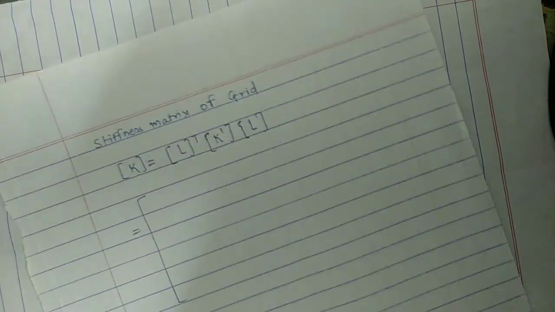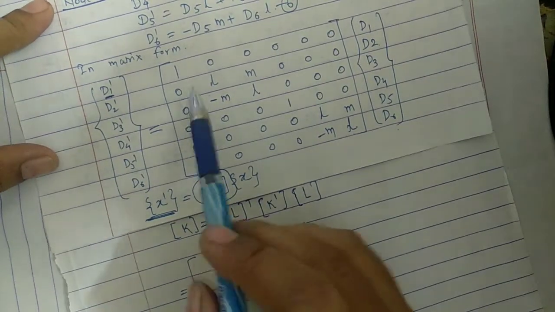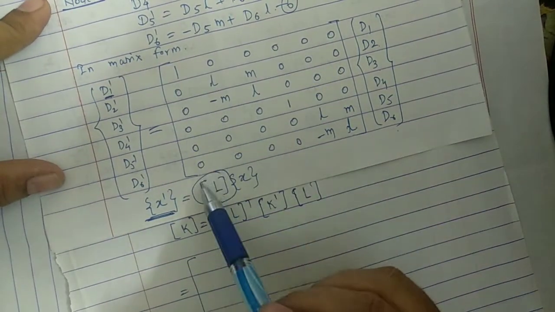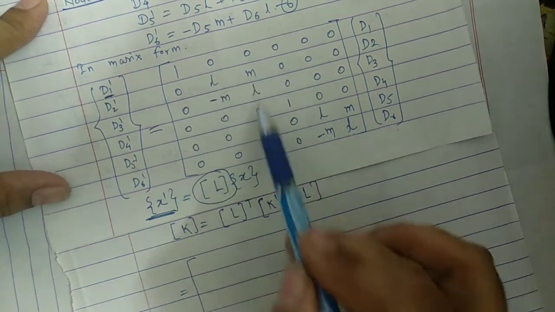So the L matrix is this one. Taking the transpose of this matrix means the first row is written as the first column, the second row is written as the second column, the third row is written as the third column.